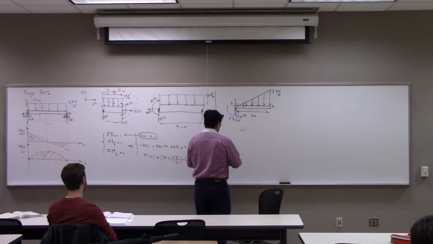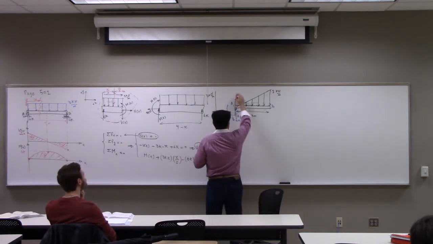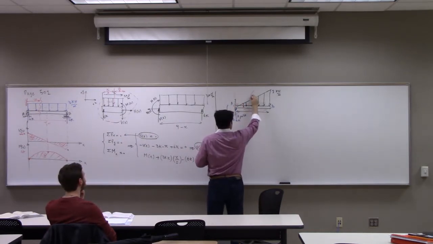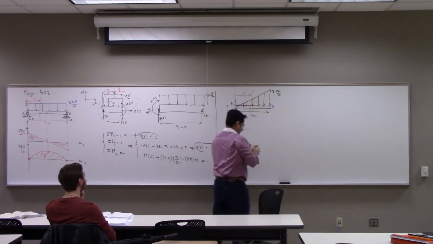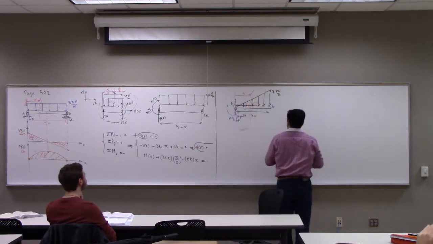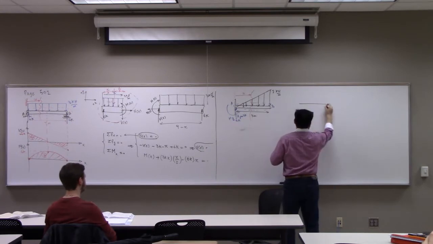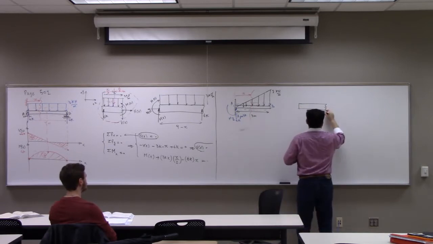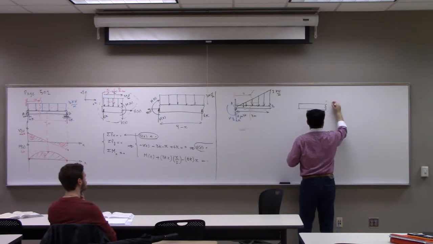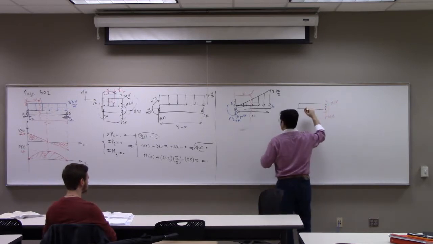So if I take the one from the left, my reference, take from there and cut it from here. That's for X. And now I draw my FBD. So you're going to get things like that. MX, VX, because we have nothing at x.